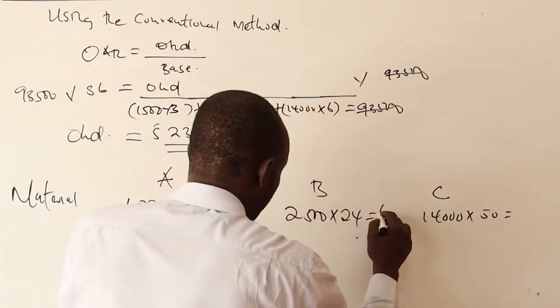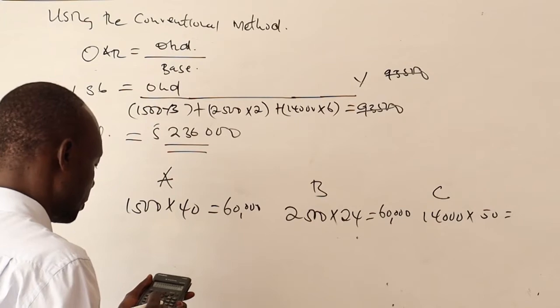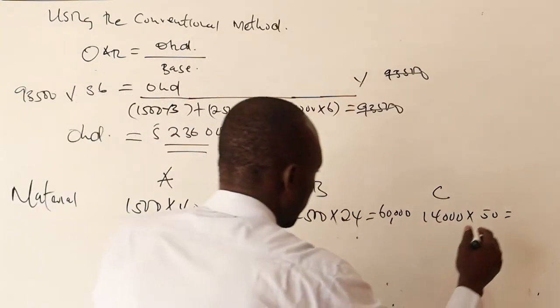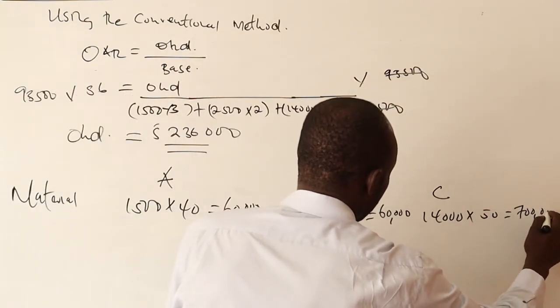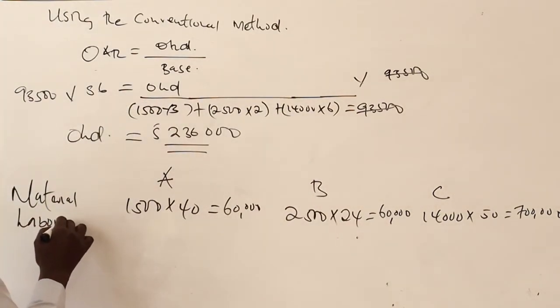This one also gives us 60,000. This one is going to give us 700,000. That is material.